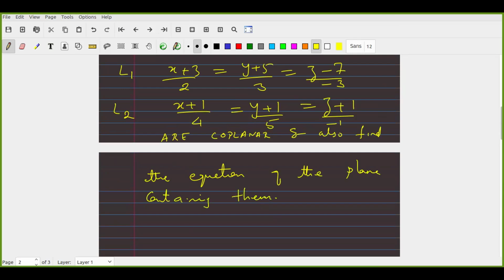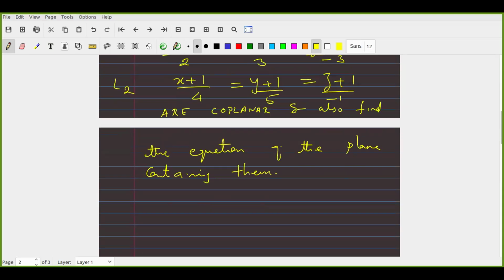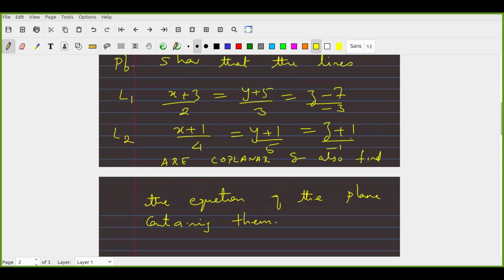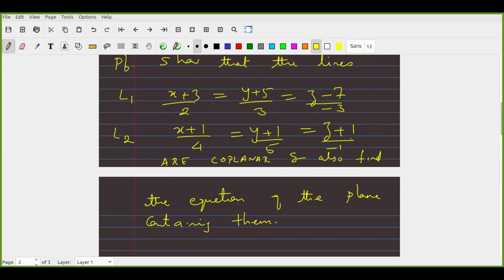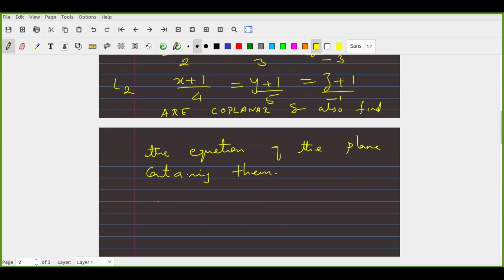Okay. So now we use the condition that if L1 contains the line L2, then the condition is that you have this, whatever I wrote in the first line, x plus 3, y plus 5, z minus 7.